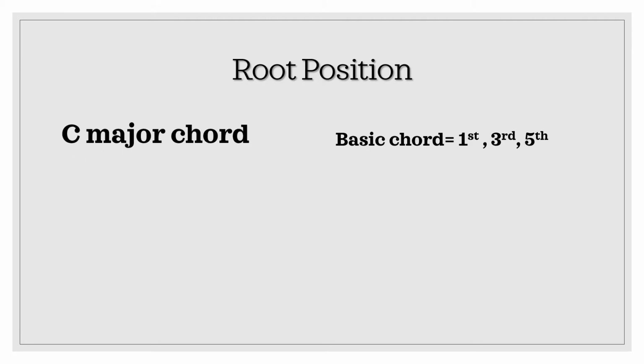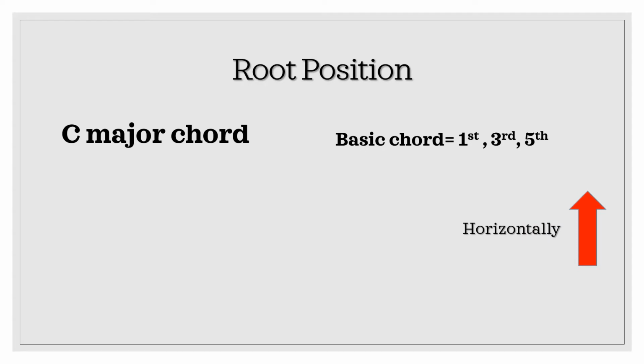Our focus will be placed on the C major chord, and once again we are going to try to build it in root position. When we are thinking about root position, there are different methods that you can draw this triad or chord in. Today we'll be focusing on the horizontal way, and that arrow just signifies that we are going from down to up.